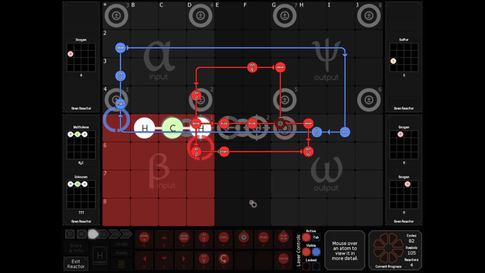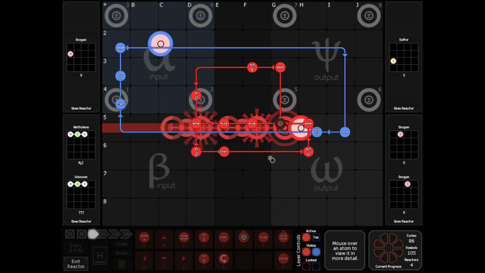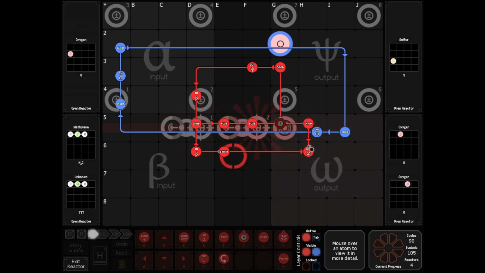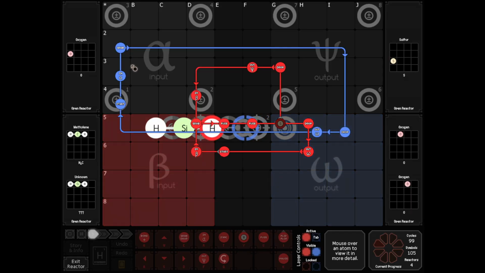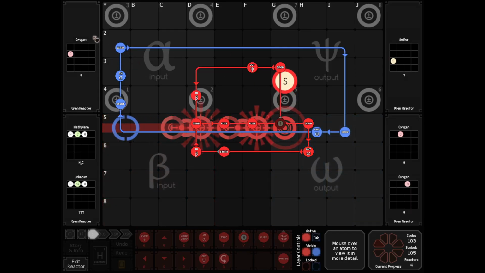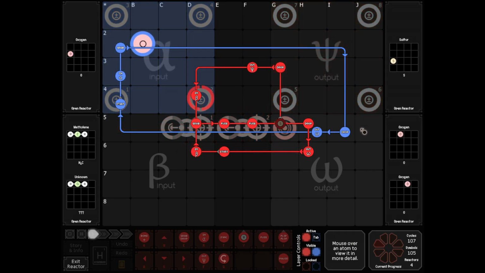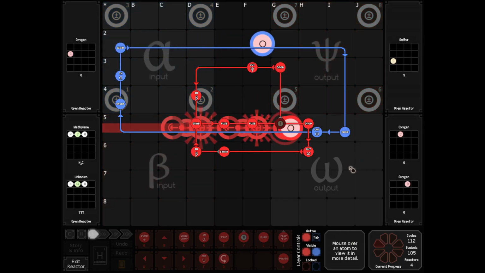And then in the bottom reactor, we have basically the same thing. Sulfur gets sent up, oxygen gets sent down, and the blue Waldo passes through the oxygen that comes from the other reactor and also puts it into this output zone.